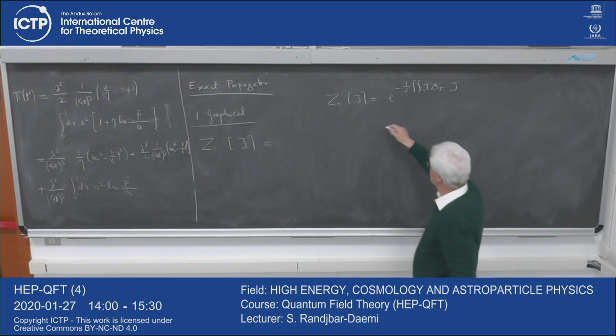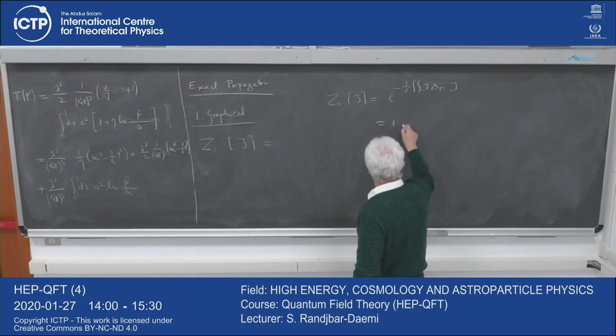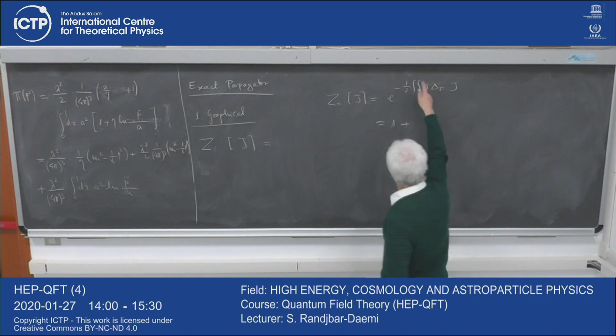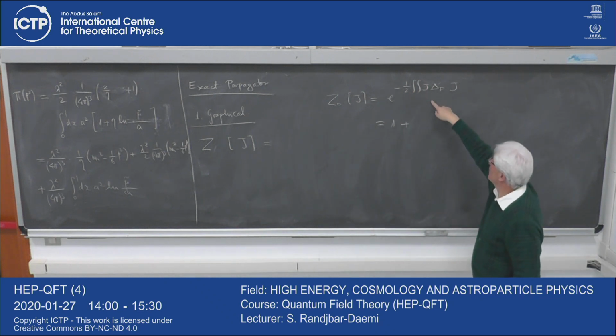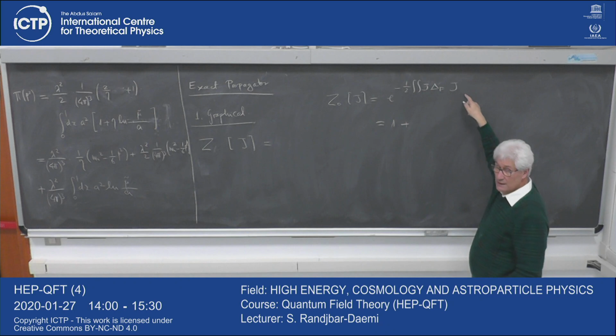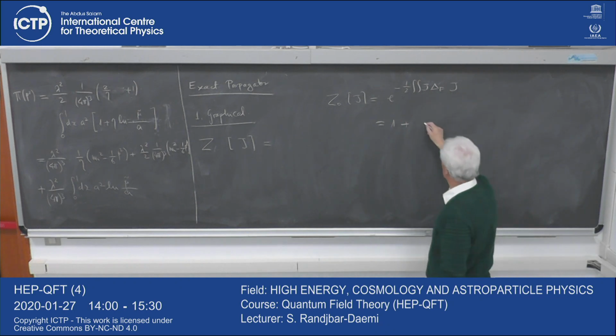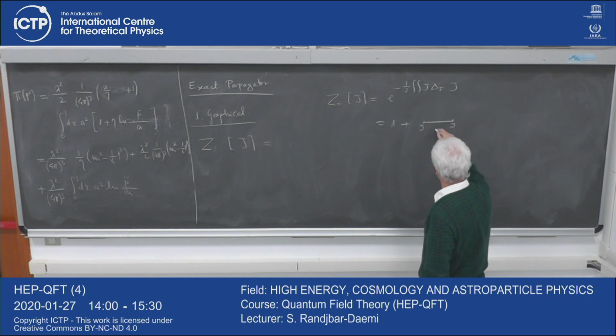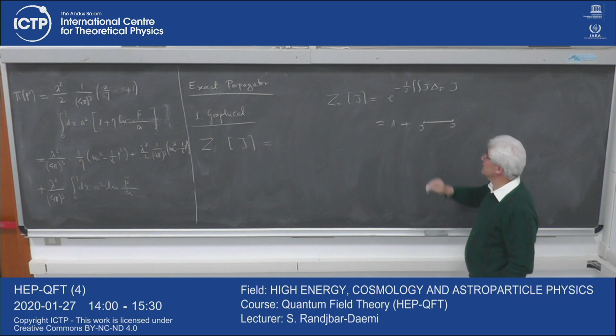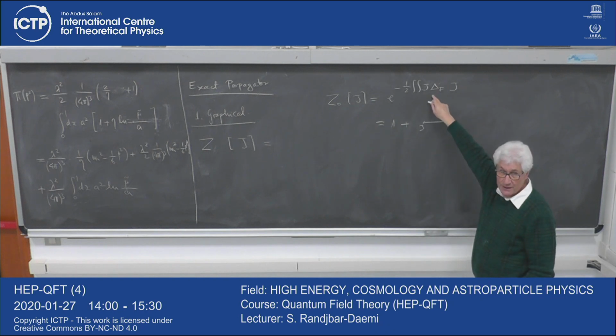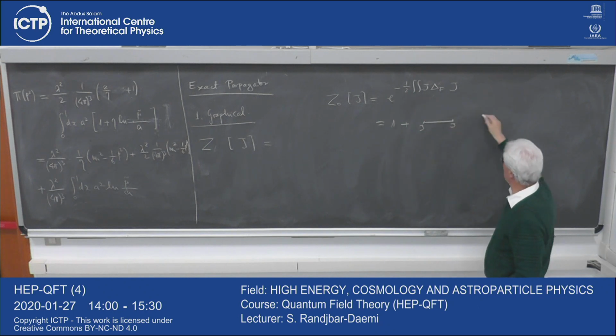If you expand this, the first term will be 1. The second term will be 1 power of this. It has 2 J's and 1 delta. So we will represent it like this. These are the J's. That's delta. The second term will be the second power of that, times factors of 1 over 2 factorial, etc. And that will be 2 copies of this.